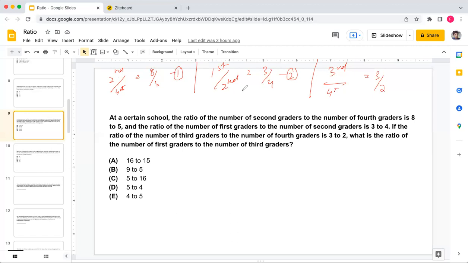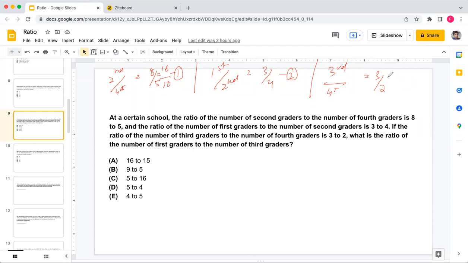Based on that, I will take 1 and 2 into consideration. For example, this is 5, right? And this is 2. So what is the LCM of these? LCM is 10, right? So if I multiply this by 2, this will become 16/10.